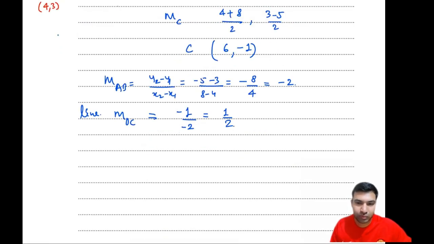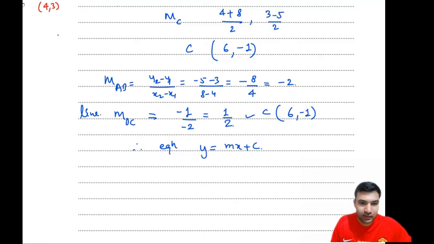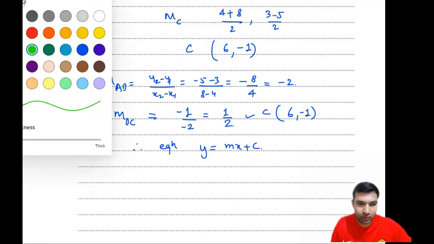Right, so I know the slope of the line, and therefore the equation would be y equal to mx plus c. And I know that it passes through 6, comma -1, and that is the point C. So I have a point and I have a slope as well. So how do I do this?